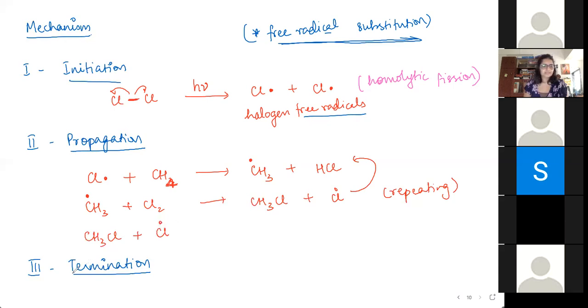comes across, hits another chlorine free radical, if there's enough energy between them and everything, you can have another step of substitution also taking place. You get CH2Cl free radical plus HCl. And this CH2Cl can hit another chlorine molecule, giving CH2Cl2 plus chlorine free radical.